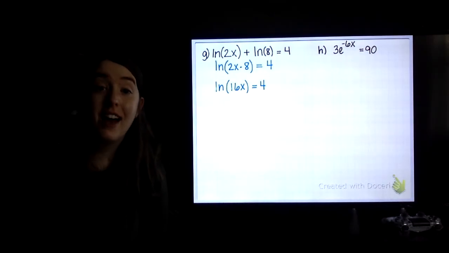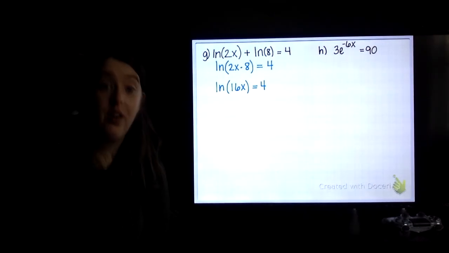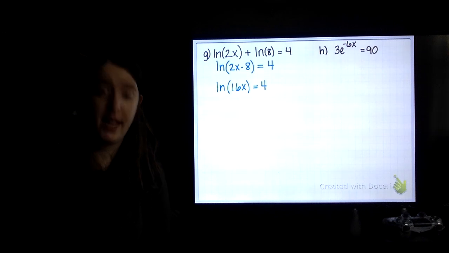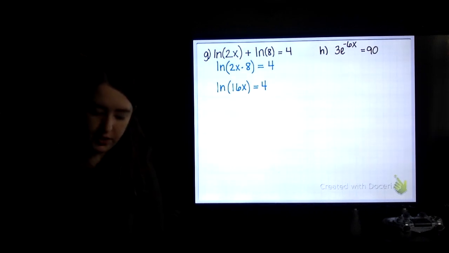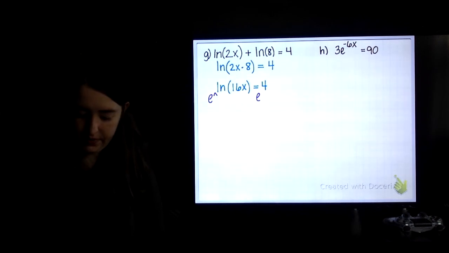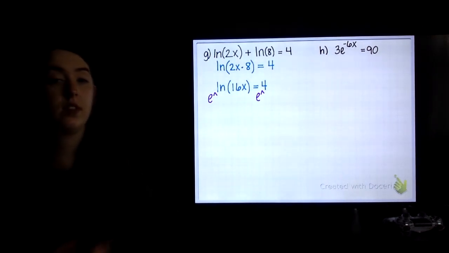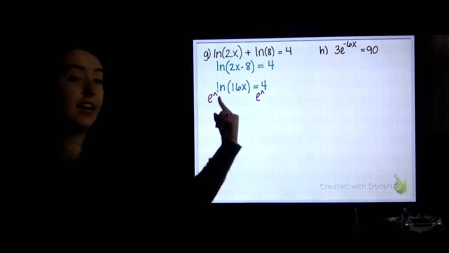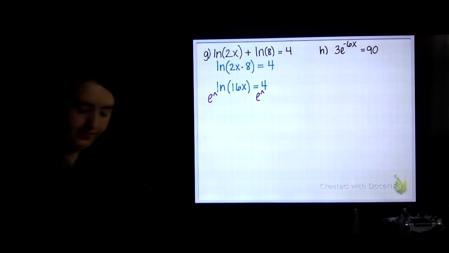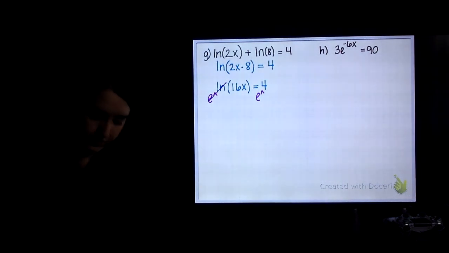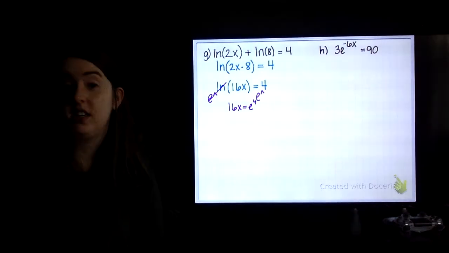Okay, now to get rid of a natural log, we need to use our natural base. So what I'll do is e will be taken to the power of each side. So e and natural log cancel each other out. So we'll just have 16x over on the left side, and then e to the fourth is just e to the fourth.